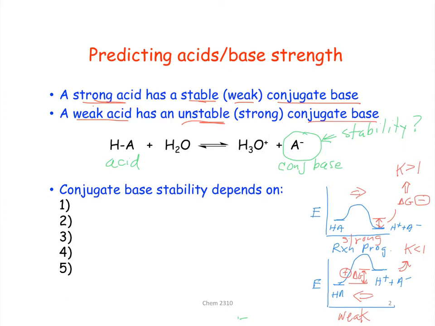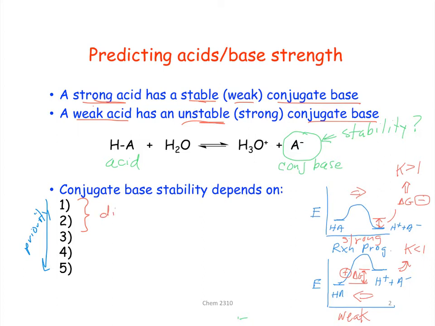We're going to look at 5 different criteria here. And in general, these are going to go in the order of decreasing priority. So if we're going to rank acids, we'll look at the top of this list and then on down. The first 2 of these are going to involve criteria where the atom in A minus that holds the charge is different.